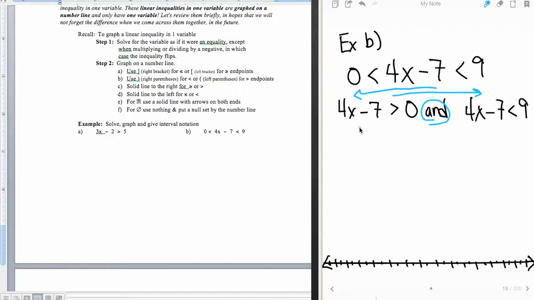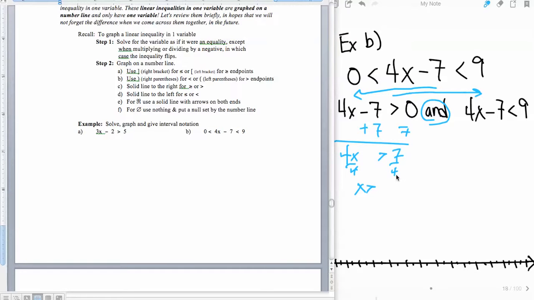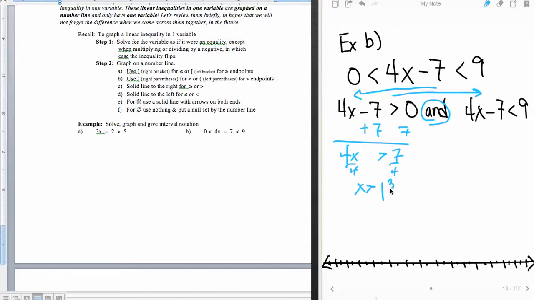And so what we did when we originally learned to solve these was that we solved both sides of the inequality. So we said 4x is greater than 7, and that means that x is greater than 7/4. And so this is 4 going into 7 just one time with 3 left over, so 1 3/4.